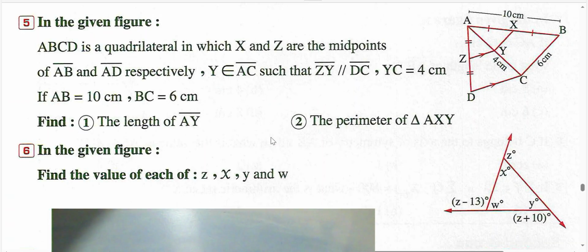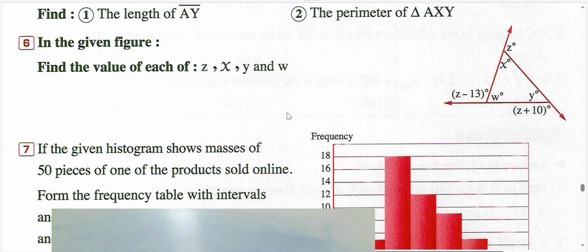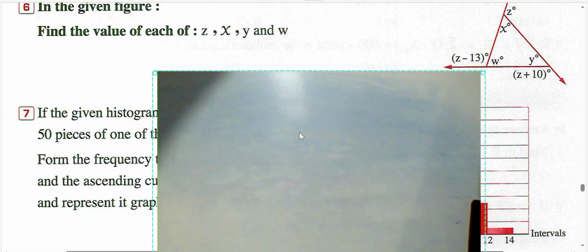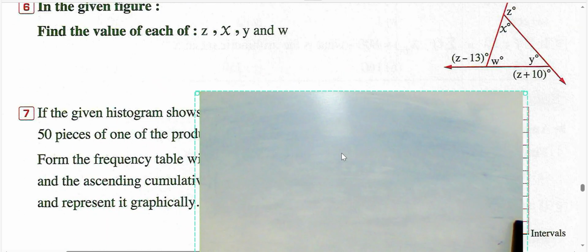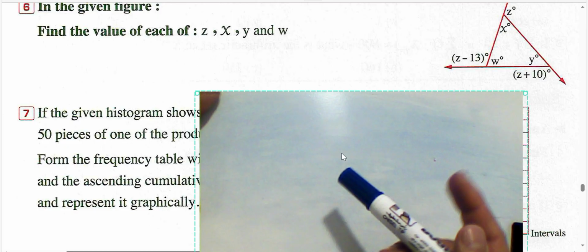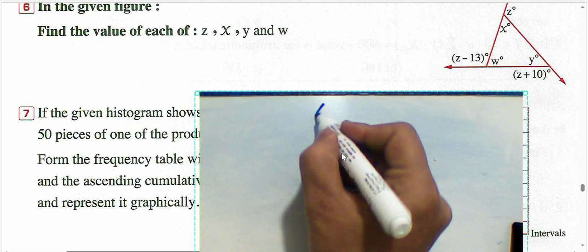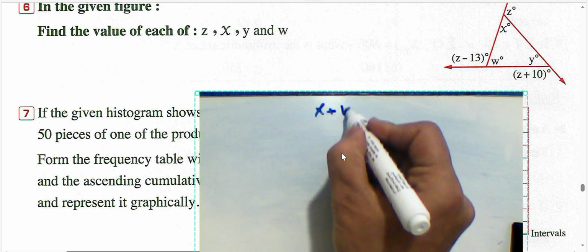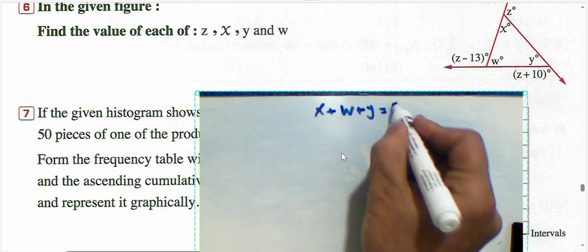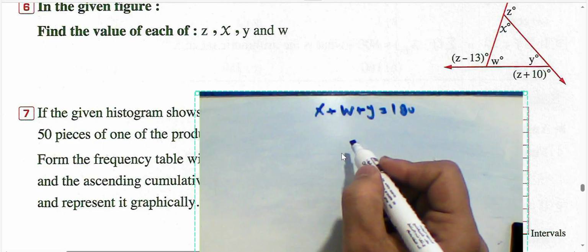Down we have a triangle. We know this figure. You want to find x, y, z. We know the sum of interior angles equals 180 degree, and the sum of exterior angles equals 360. Okay, first step, you can write the summation of interior angles equals 180. We have x plus w plus y equals 180.